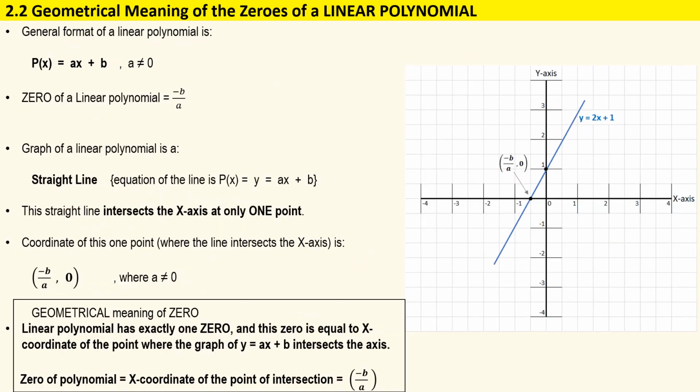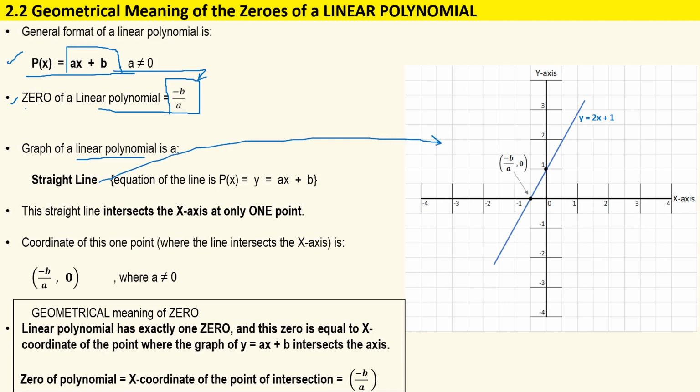So let's summarize our understanding. We know that the general form of a linear polynomial is ax plus b. We know that the zero of a linear polynomial is given by minus b by a. That is, if the general form is ax plus b, the zero will be minus b by a. The graph of a linear polynomial is a straight line, as is shown in this diagram or example here also.